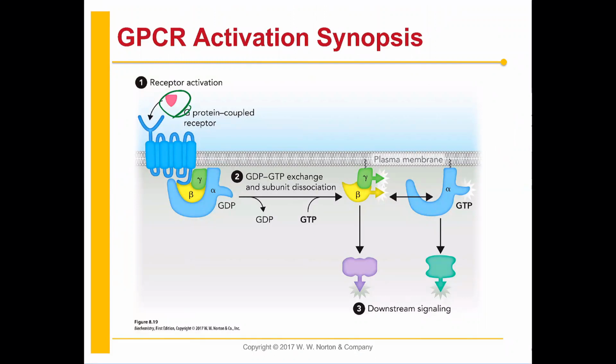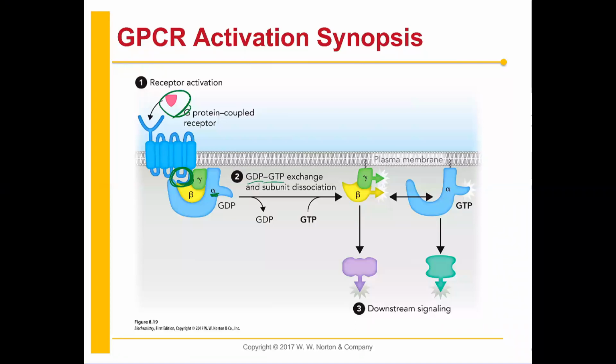So that ligand is going to be bound to your receptor here, and it's going to induce that conformational change in the GPCR in that cytosolic region. What happens when that conformational change occurs is you have a receptor-mediated stimulation where we replace GDP by GTP in the alpha subunit.